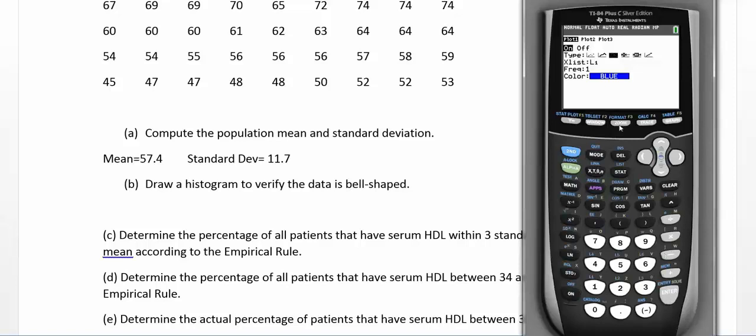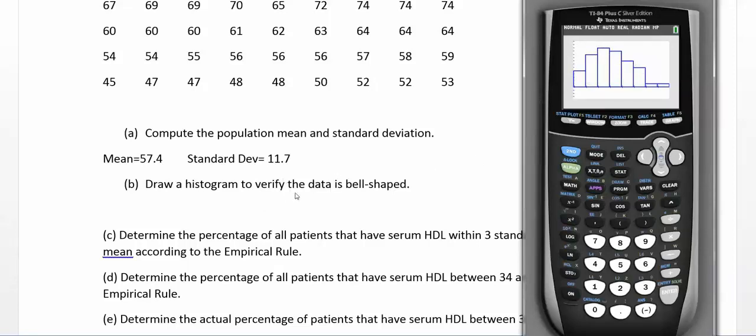Then we go to zoom, and we want zoom 9, zoom stat, and we get a nice pretty picture, and it's fairly symmetrical. You'll find in statistics we don't really have a perfectly symmetrical graph, but it's symmetrical enough that we can treat it as such and answer these other questions.